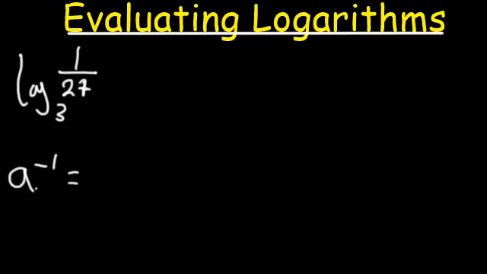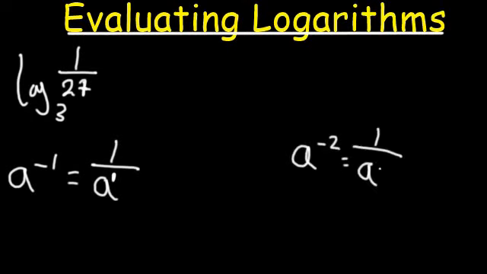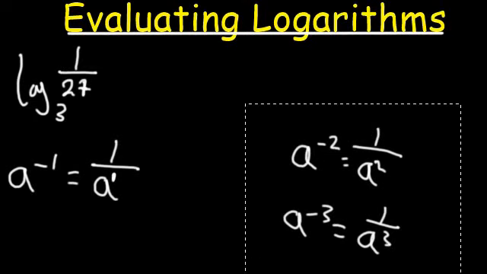This simply says that if you have a value raised to the power of a negative value, then the reciprocal of that same value raised to the positive power will be your final answer. So a raised to the power of negative 2 is 1 over a raised to the power of 2. A raised to the negative 3 is 1 over a raised to the power of 3. You just need to keep that in mind. Okay, good.